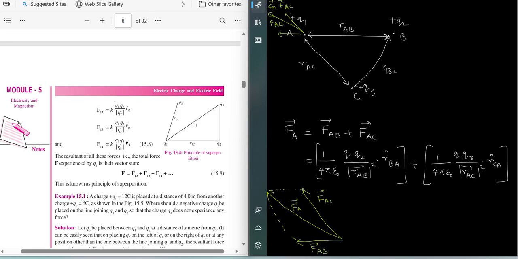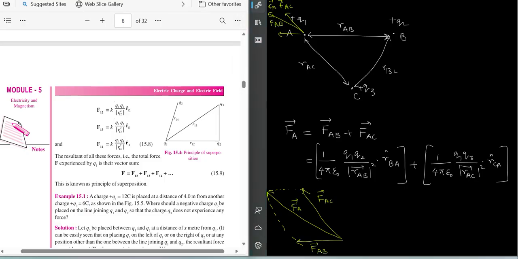So that is what the superposition principle says, that when there are more than two charges in the vicinity of each other, force on a particular charge due to all the other charges is nothing but vectorial addition of forces on that considered charge due to each of the other charges. So F12, F13, F14, as if when you are calculating the forces on a charge due to each of the other charges, you are ignoring the presence of the remaining charges.